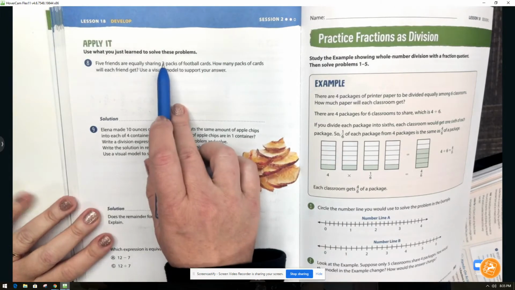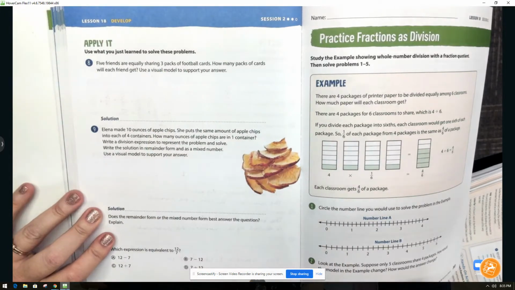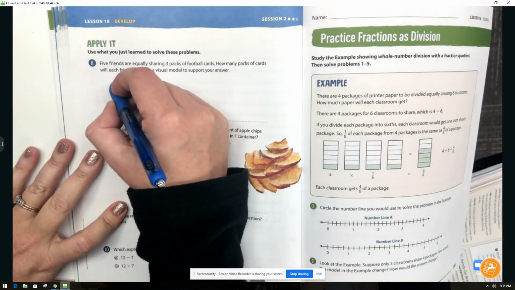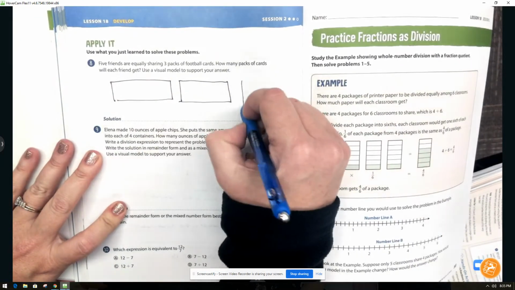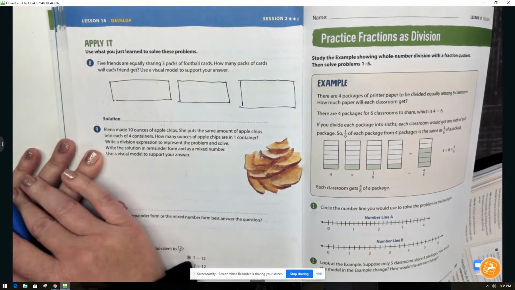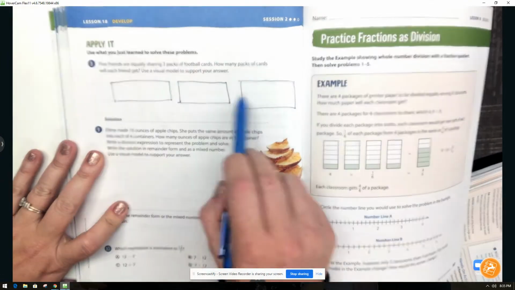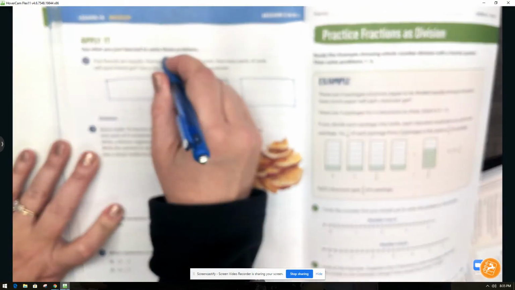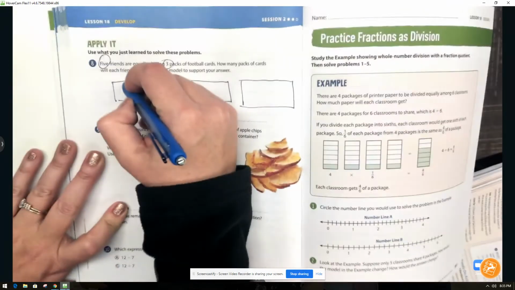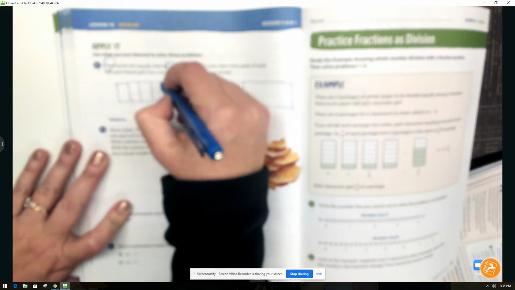In this problem, we're splitting up 3 packs of football cards. So let's make our 3 packs of football cards. Now, how many people are sharing these 3 packs of football cards? 5. So we're going to make each of these into fifths.